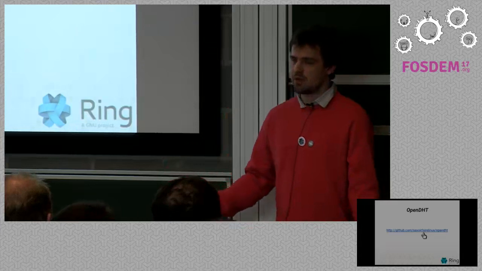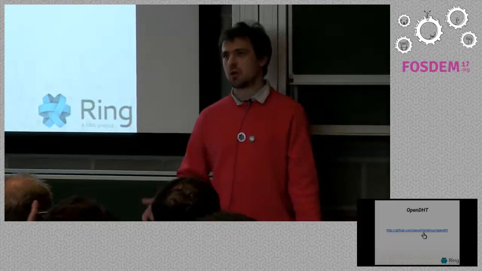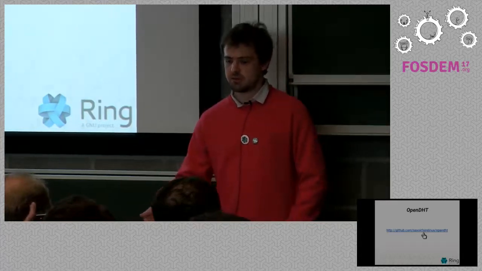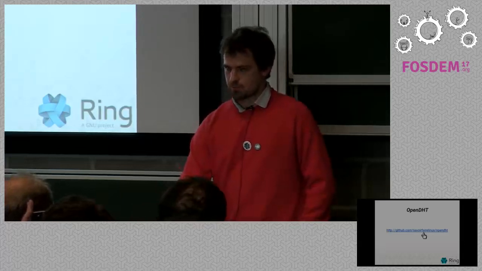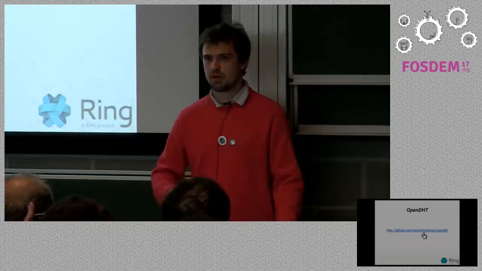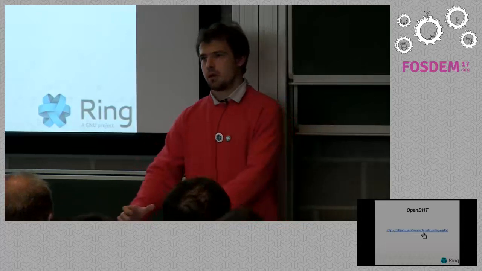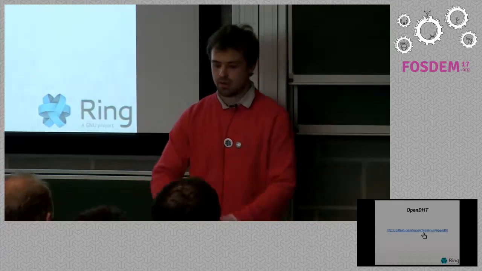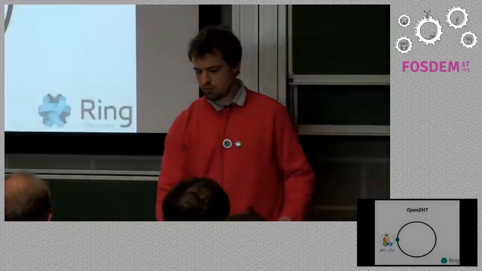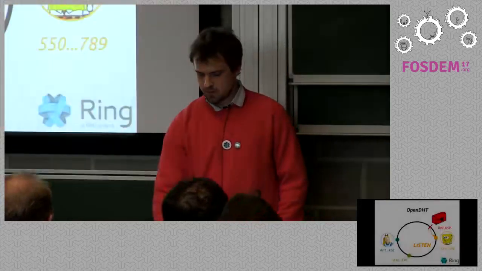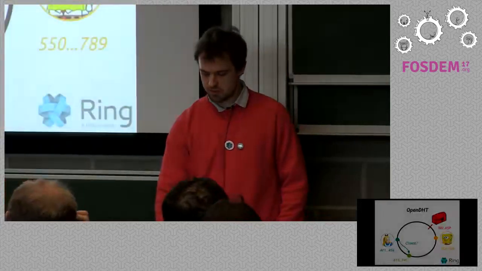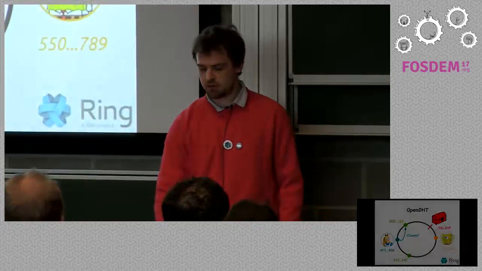And we use it to store encrypted IP addresses, as explained. So when you reach people with Ring, you put your encrypted IP address, and the other person will reply on the DHT. If you already know distributed hash tables, you will mostly already know this algorithm. This is the Kademlia algorithm.